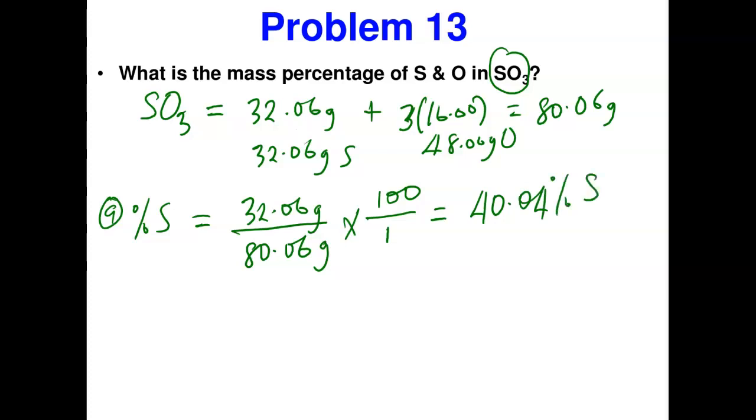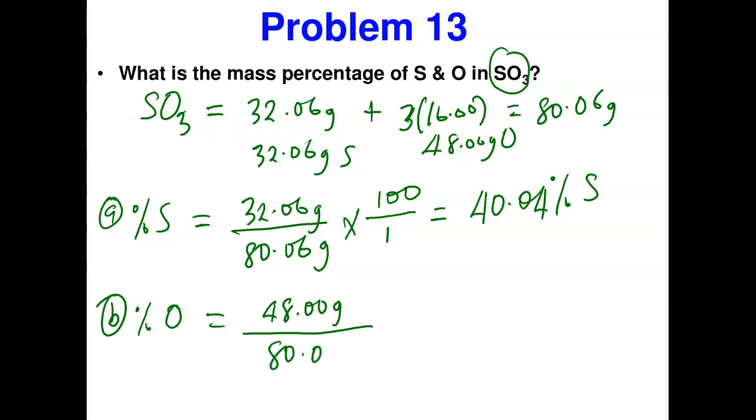On the other hand, if you do this one, it's going to be the percentage of oxygen. Percentage of oxygen will be 48.00 grams divided by 80.06 grams times 100.